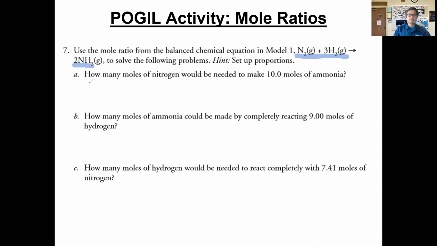We know that if we have 1 mole of nitrogen, from the previous example, the balanced equation tells us that we will produce 2 moles of ammonia. That is given to us. That is what we expect to happen, and we know that that will be true.